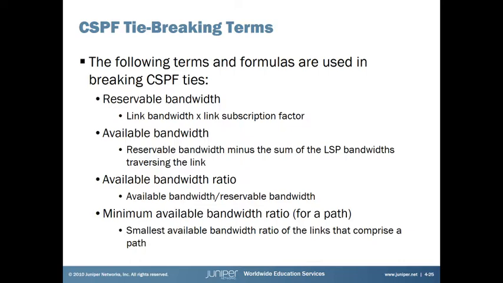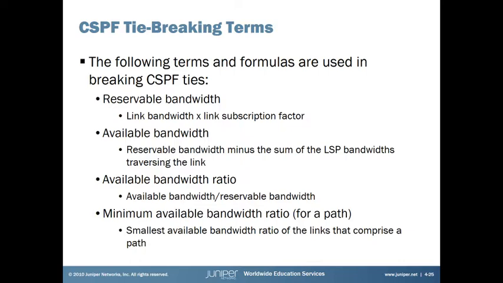In other words, it's the percentage of available bandwidth that is left. If you take a look at how much bandwidth we started with, how much is left? Is there 50% left? Is there 10% left? That's the ratio.